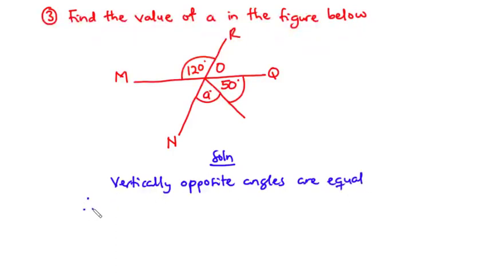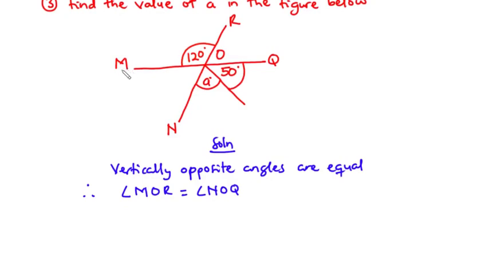Therefore, angle MOR is equal to angle NOQ. So if these two angles are equal, then we have angle MOR to be 120 degrees. So 120 is equal to angle NOQ.